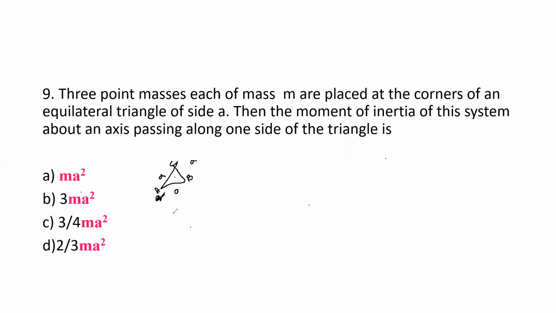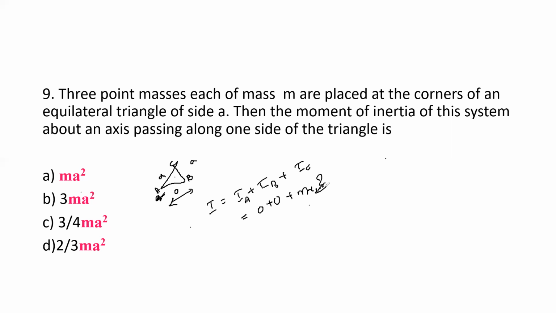The moment of inertia we need to calculate is of the system about side AB. So about AB, it is given by I is equal to IA plus IB plus IC, which becomes 0 plus 0 plus m x square.